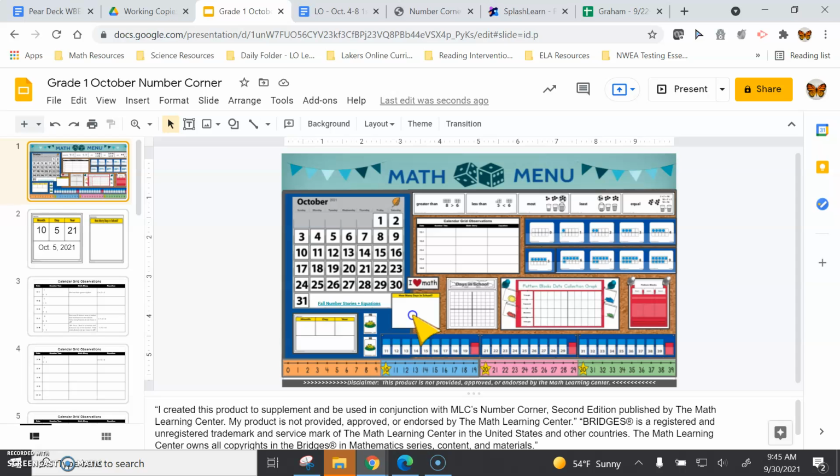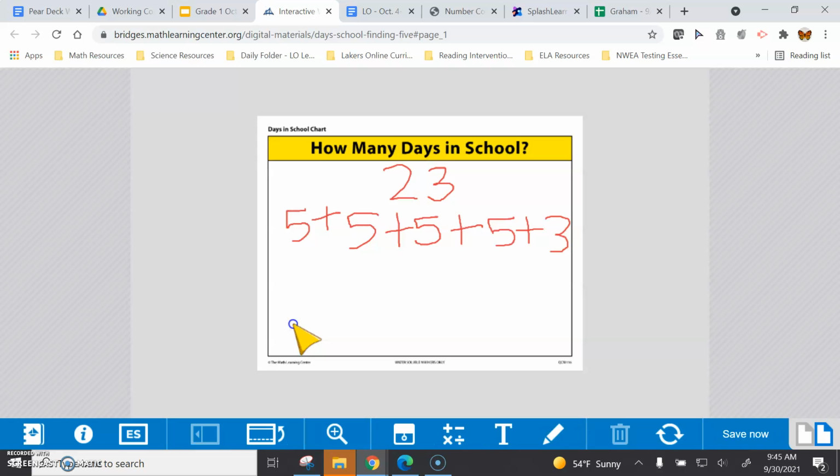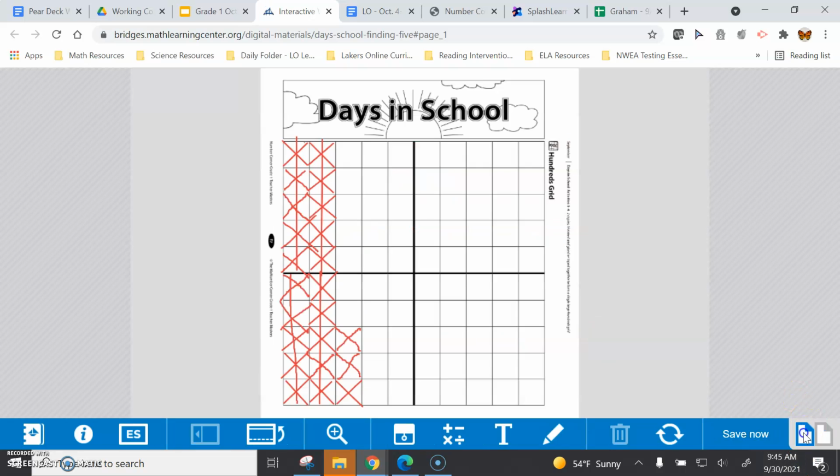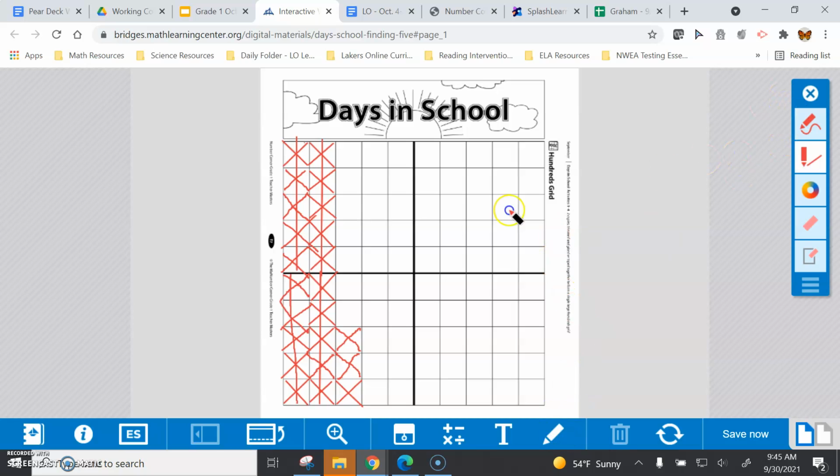Let's check out our days in school. We actually looked at our information, and it's time to add on another day. Whoa, we're getting close to another group of 5 here.